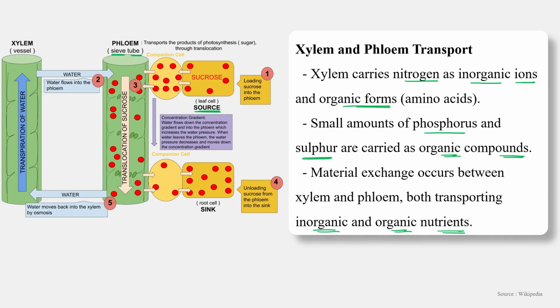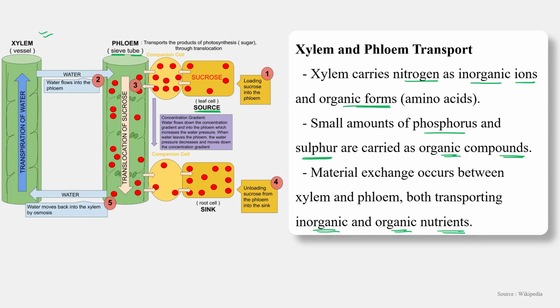So it requires water also. Water can quickly pass from the xylem vessel to the phloem, so it will get diluted. So transportation of sucrose occurs from high concentration to low concentration.